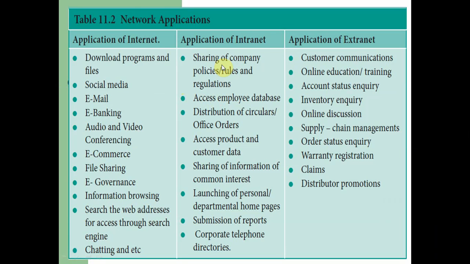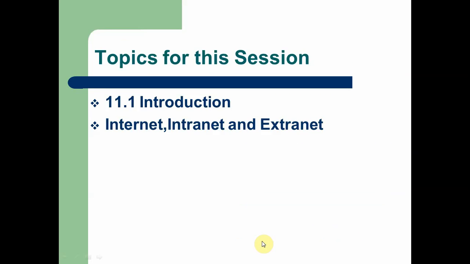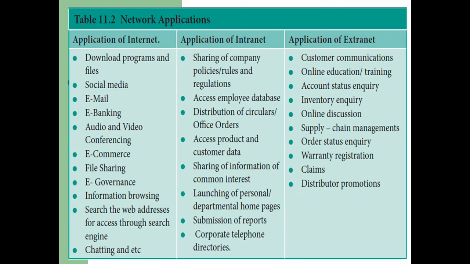So in the intranet they only share company policies, rules and regulations, access employee data of the particular organization, distribution of circulars, official addresses, orders etc., access product and customer data, sharing of information of common interest, launching of personal and departmental home pages, submission of reports, and corporate telephone directories. All these applications are related only to the particular organization. That's why this type of internet technology is called intranet.